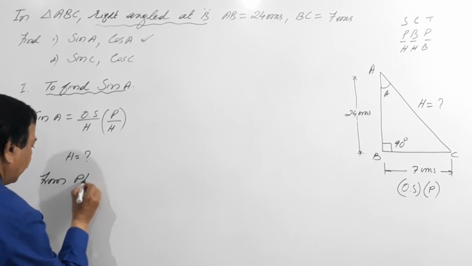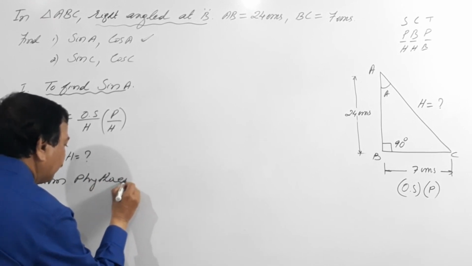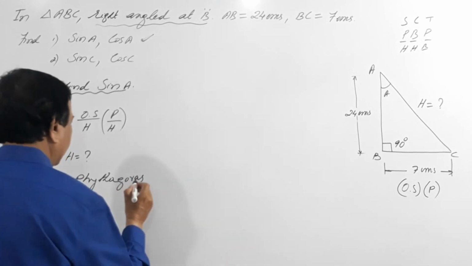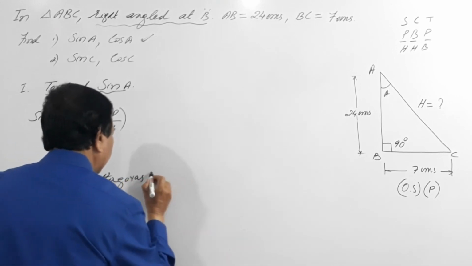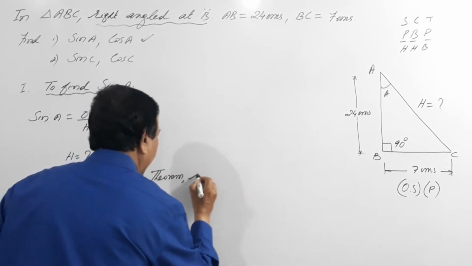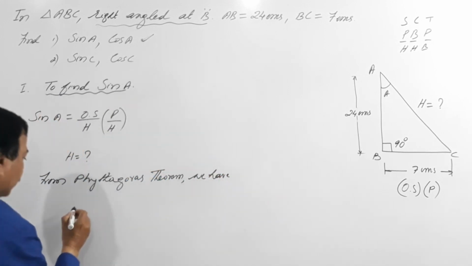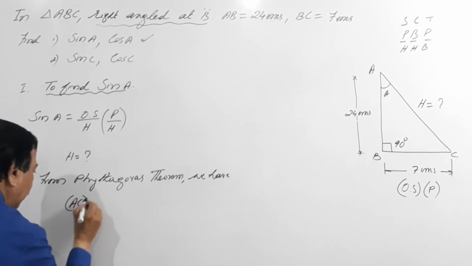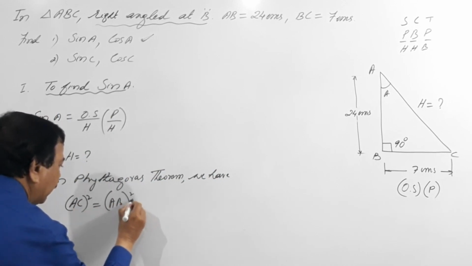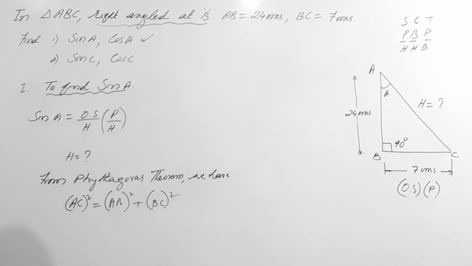From the Pythagoras theorem we have AC square equals AB square plus BC square.